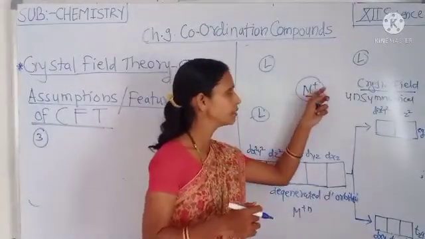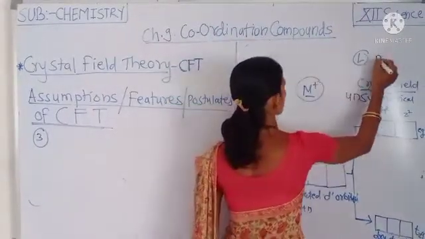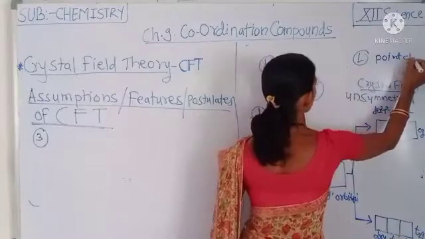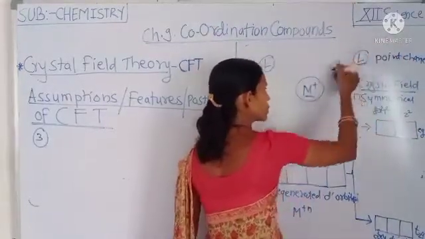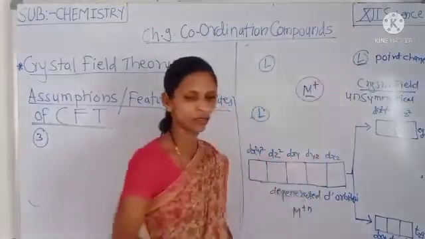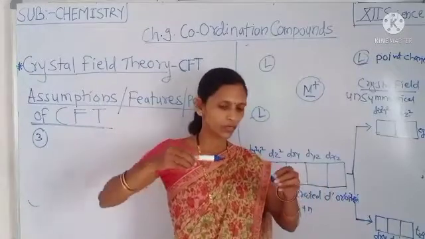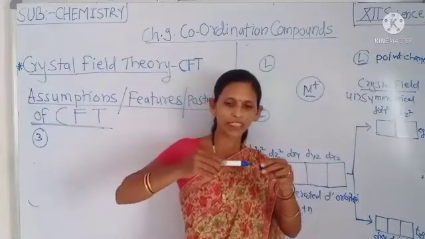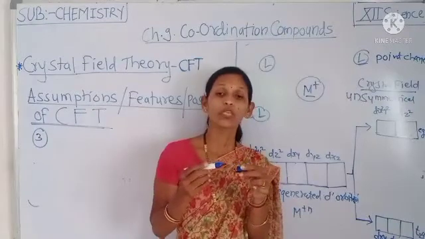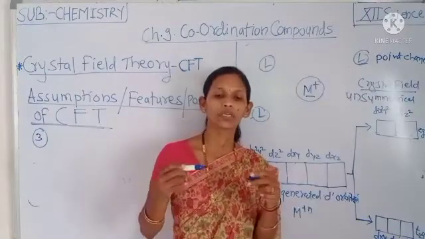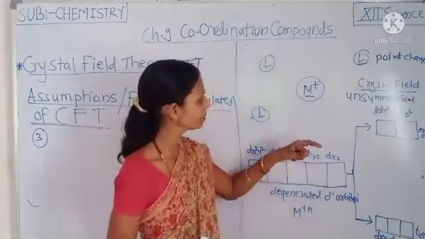When ligands approach the metal ion, the ligand acts as a point charge. That means the ligand interacts with the metal ion through a point of attachment, with one of its donor atoms.